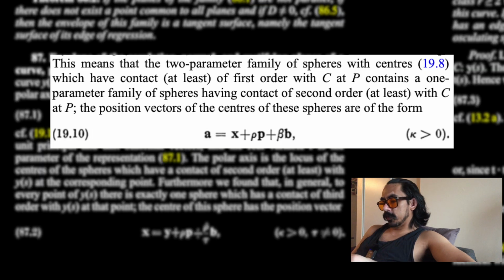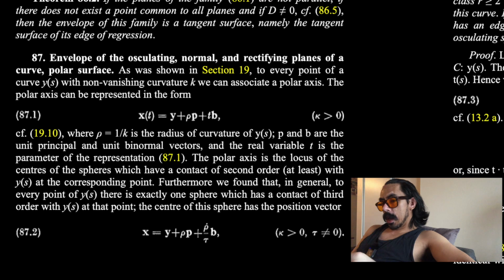The position vectors of the centers of osculating spheres are of the form vector A equals vector x plus rho times vector p plus beta times vector b. And these are, again, to remind ourselves, T, P, and B is a Frenet frame. T for tangent, P for principal normal, B for binormal.